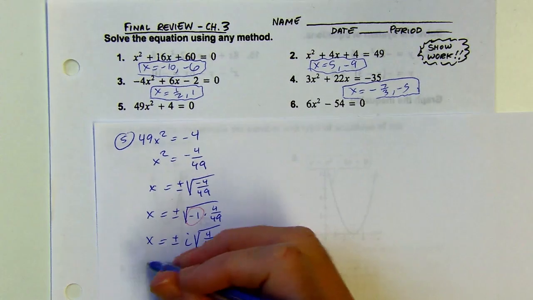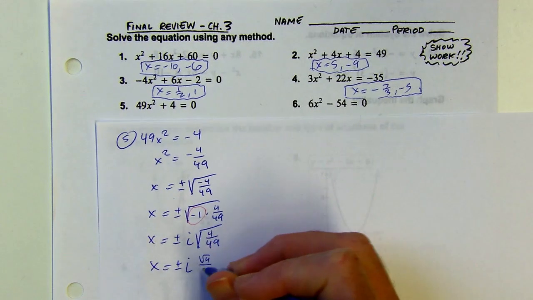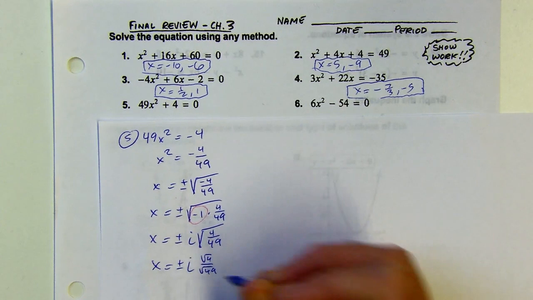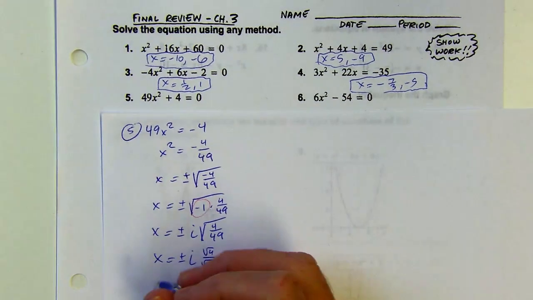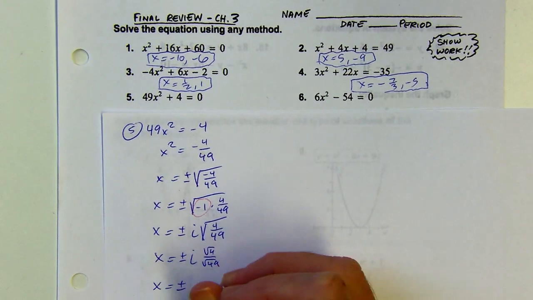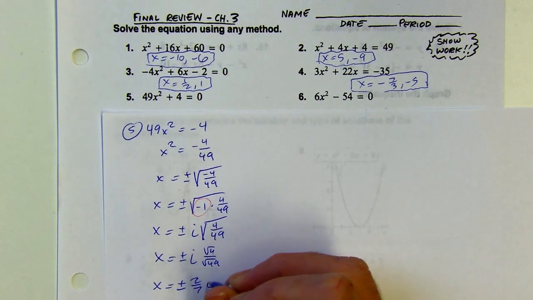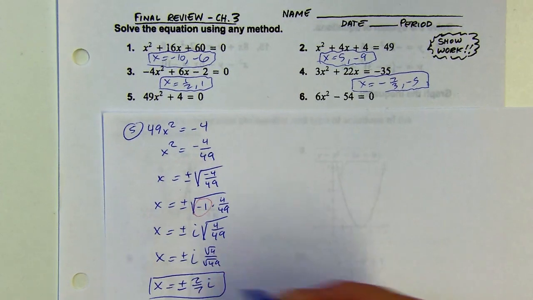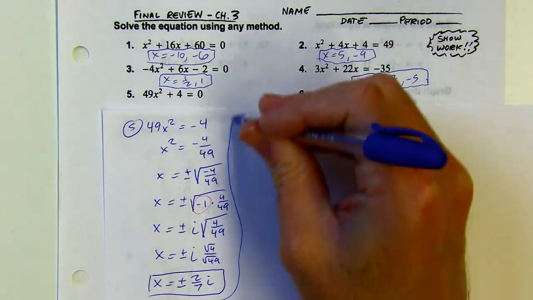And the square root of 4/49, I can do something more with that as well, because I can split it into √4 over √49, and those are both perfect squares, so that's going to give me 2/7. So this is plus or minus i times 2/7, but we'd usually write that like so, 2/7 i. You wouldn't say x 2/7, you'd say 2/7 x. So it's just a variable, right? Okay, so there's 5.